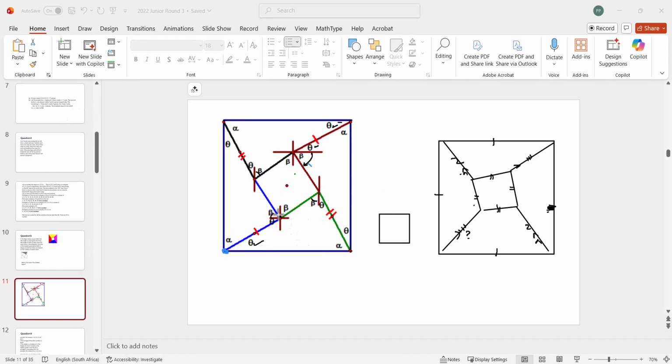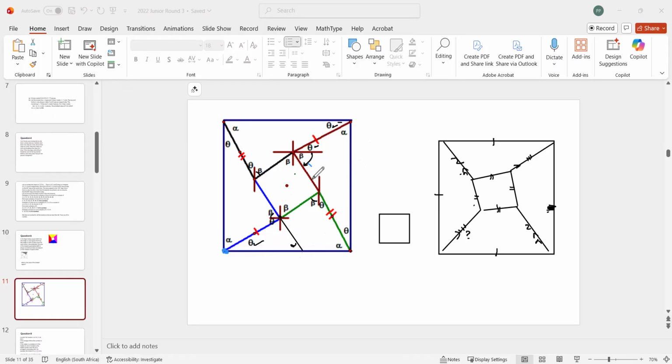But let me just extend this line here. Right? Then, if this angle is alpha, alpha plus theta is 90. So we know that this is theta, so this angle here will be alpha. Yeah, so that angle will be alpha because alpha plus theta is 90.